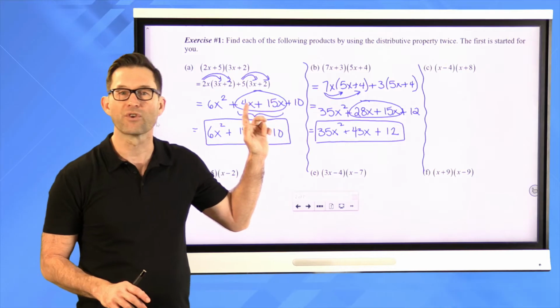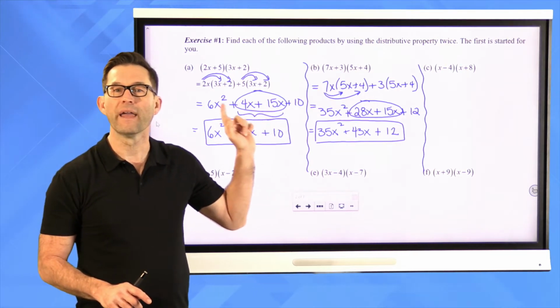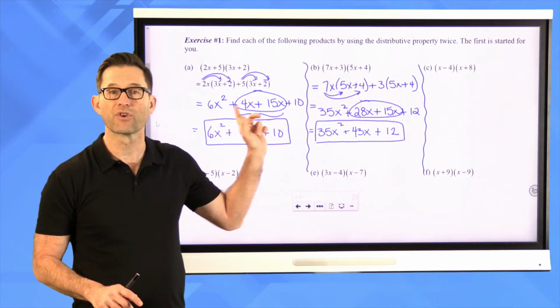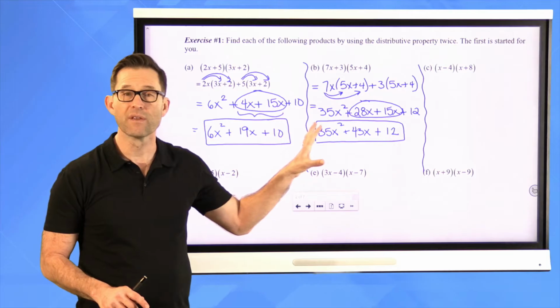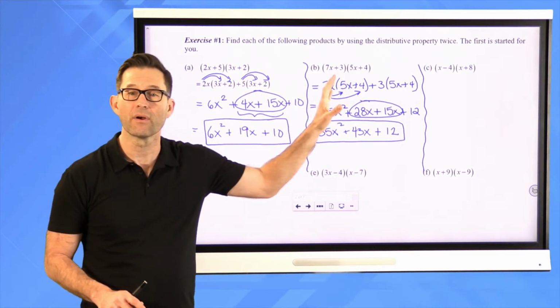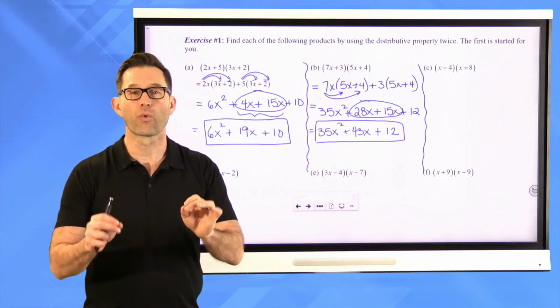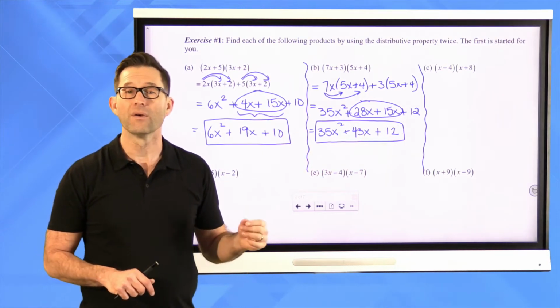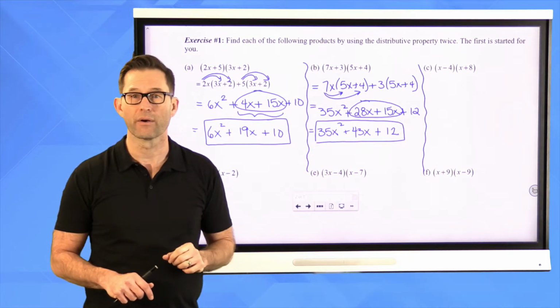And of those 4 terms, these two terms will combine, with the quadratic, the squared term, and the constant term being left alone. And most of the time, when we multiply two linear binomials together, we end up getting a trinomial polynomial, also known as a quadratic polynomial because the highest power is squared.